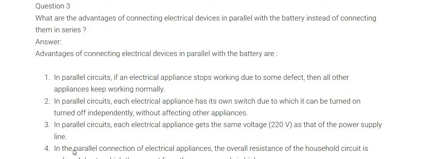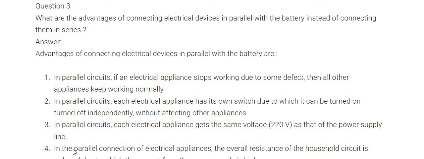The second advantage is that in a parallel circuit, each electrical appliance has its own switch, and due to that we can easily turn individual appliances on and off without affecting the other appliances. The third advantage is that in a parallel circuit, each electrical appliance gets the same voltage as that of the power supply line.